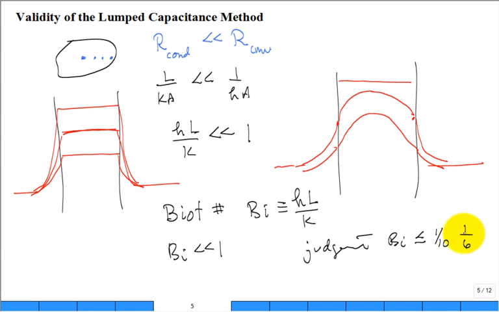If you start getting larger than that, let's say the Biot number you calculate is 0.2, don't do it unless you really like a large error or can stomach a large error, right? But a lot of times you'll calculate the Biot number and it'll be 0.003. Guess what? That's pretty small. Let's use the lumped capacitance method.